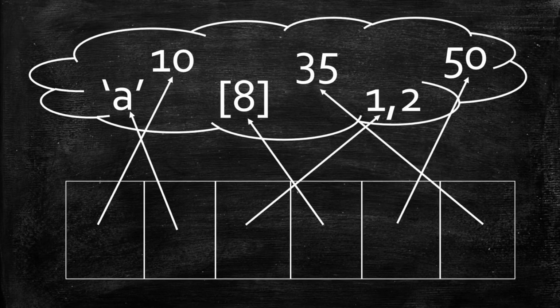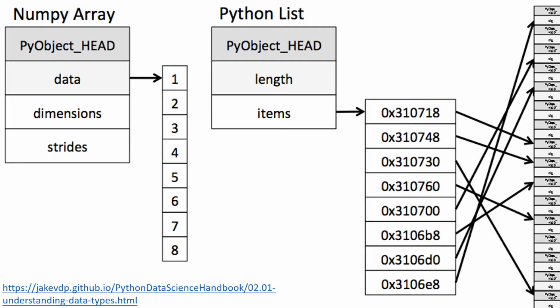So they're not stored together, they're stored in different places. Here's a graphical example of the Python list with the items and the pointers to these items in memory. Whereas with the numpy array, we simply have the items in order, so much easier to access, for example.